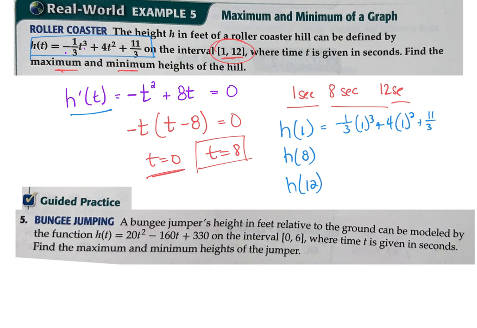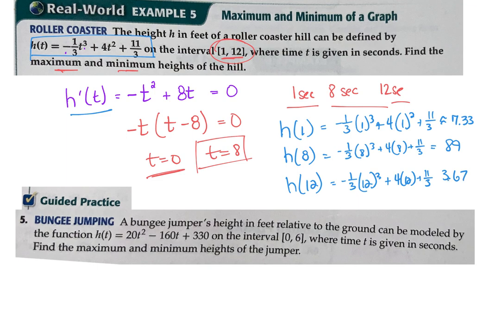And they give us approximately 7.33 when we do that. We're going to plug in 8. Same thing, all the way back to the original. Plug in the 8, and we get 89. And then we're going to plug in the 12, and we get 3.67.